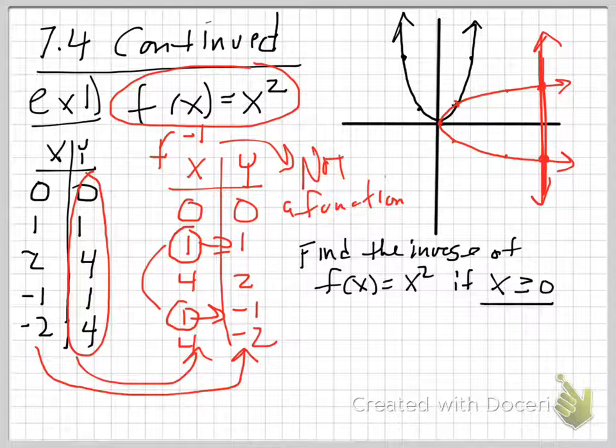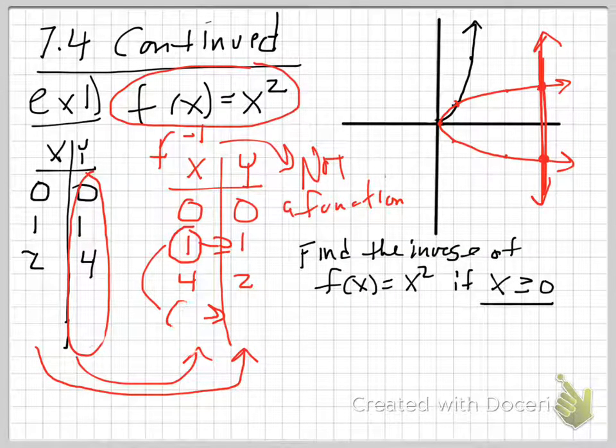So if we did that, this graph would no longer be a full parabola. We'd have to take away all of these negative inputs, and we would just be stuck with that positive part. What that means is that would take away these negative inputs here on our table and these outputs that came with it, and therefore it would also take care of this part of the inverse.